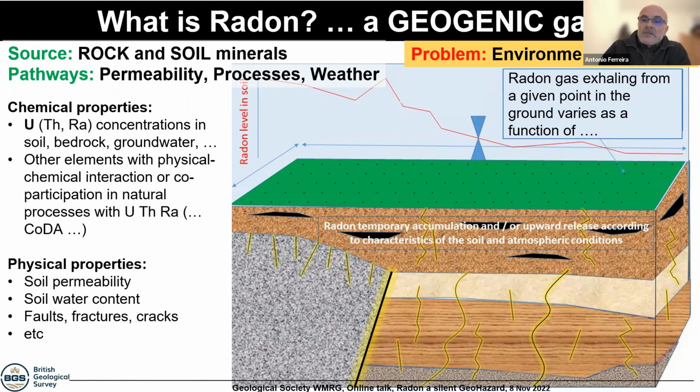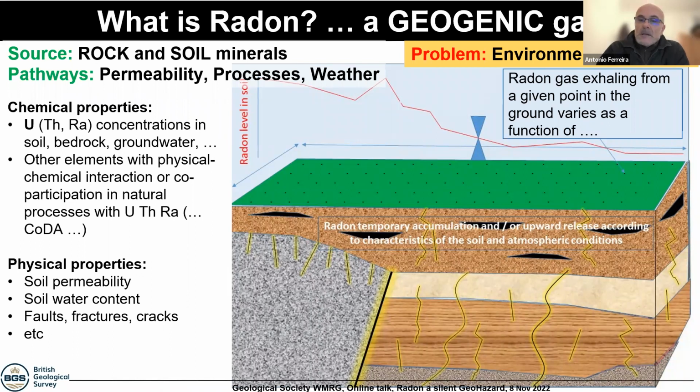High concentrations of uranium may occur associated with some specific rock types, such as uranium ores, of course, but also most granites, black shales, phosphate rocks, some sandstones, and some limestones.